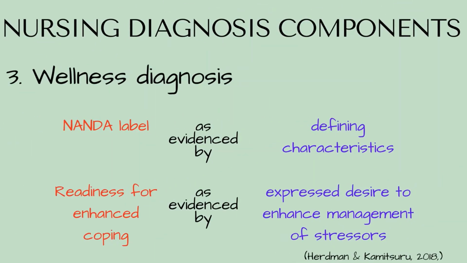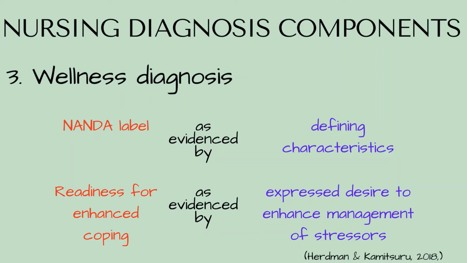The wellness diagnosis has two components: the NANDA label and the defining characteristics. They may have related factors if they help to clarify the diagnosis, but it is not mandatory. In the wellness diagnosis, the defining characteristics provide evidence of the patient's desire to improve their current health state. The defining characteristics can also represent the recognition by the RN that an opportunity exists for health promotion.